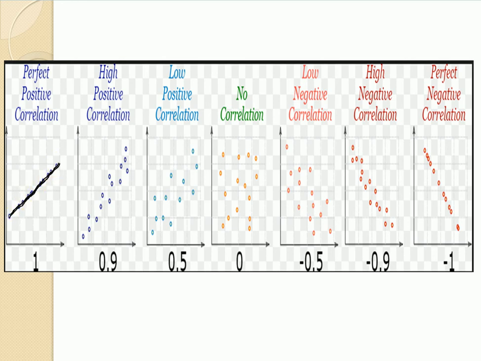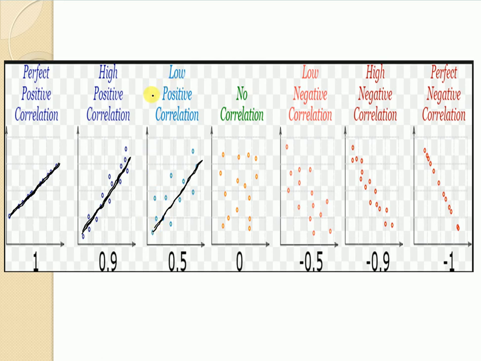There is high positive correlation if the values still follow an upward sloping line. However, the values are more scattered, so that not all of them would lie on this straight line. And the more scattered the values are, the weaker the relationship is.